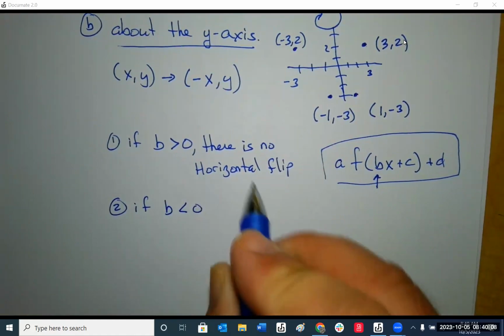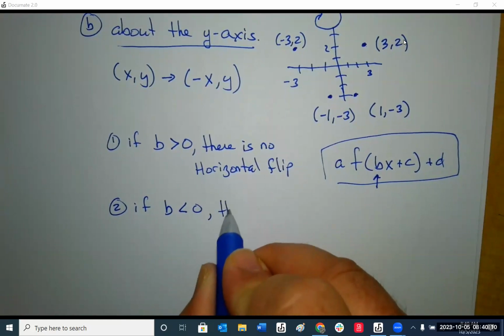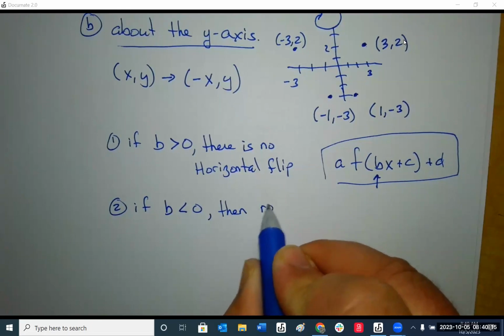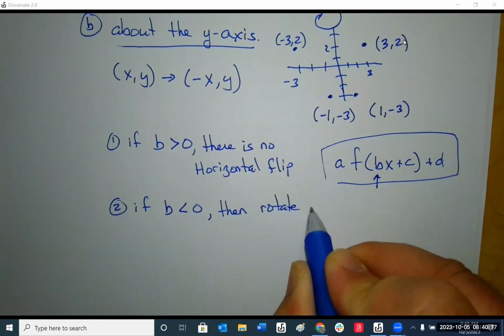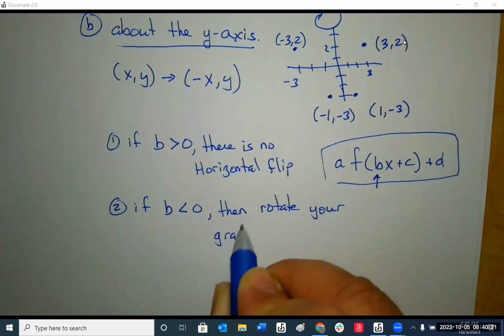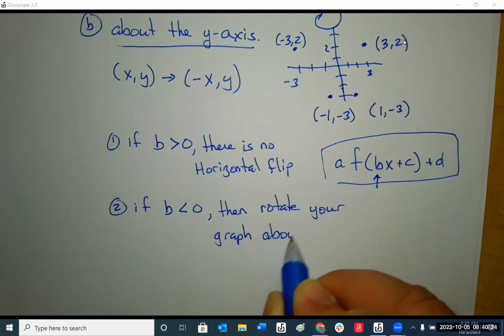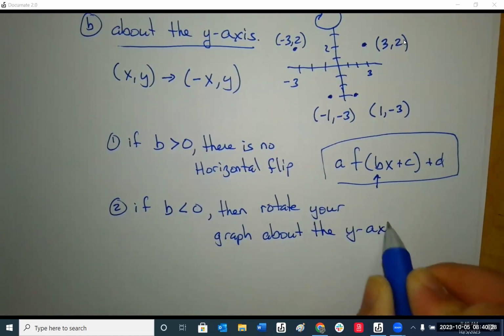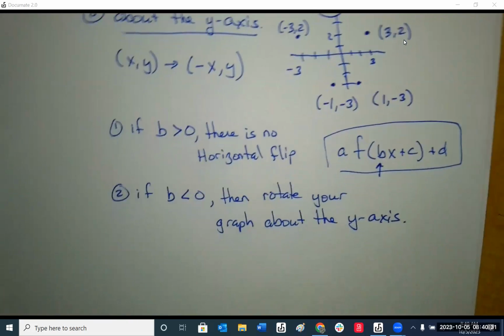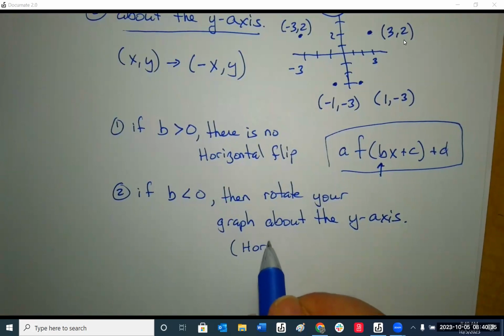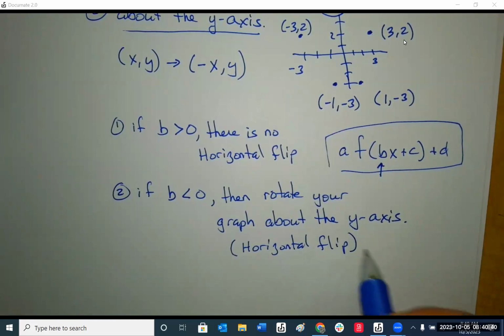If b is negative, then rotate your graph about the y-axis. It's a horizontal flip.